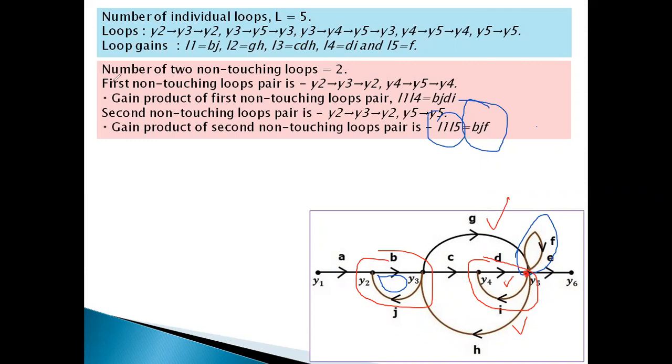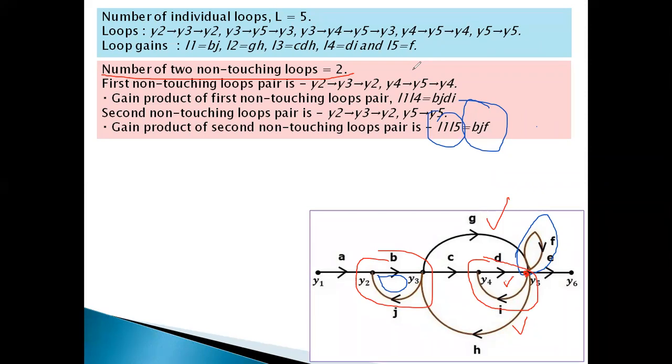Only two sets here. We have to identify all possible combinations of two non-touching loops. First loop with second loop, whether they are in contact or not. First loop with the third loop, in contact or not. First loop with fourth one, first loop with fifth one. Similarly, second loop with first one, second loop with third one, second loop with fourth one, second loop with fifth one.